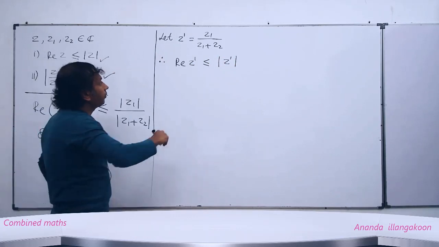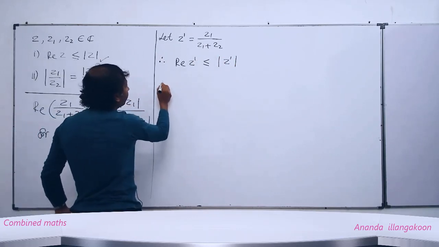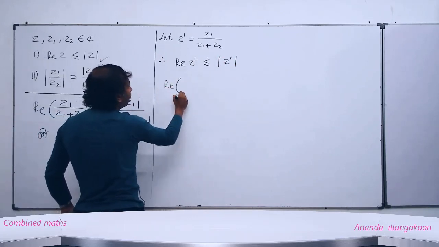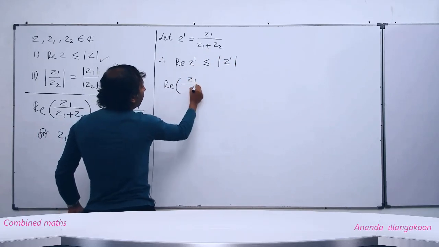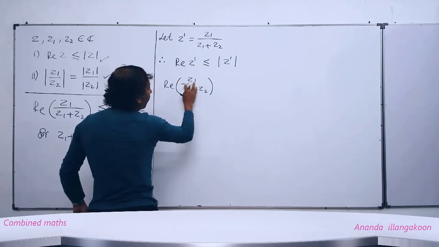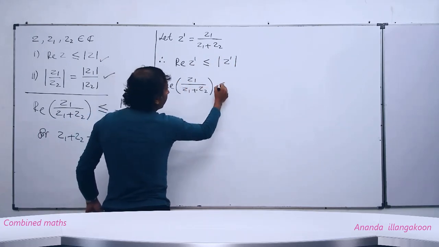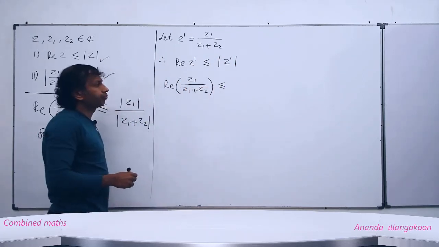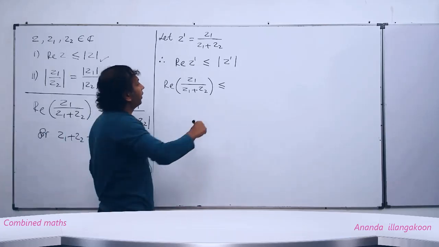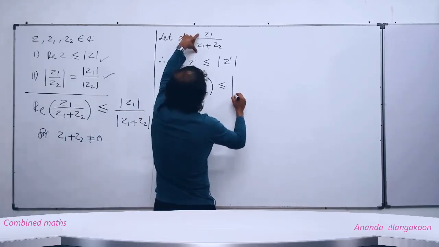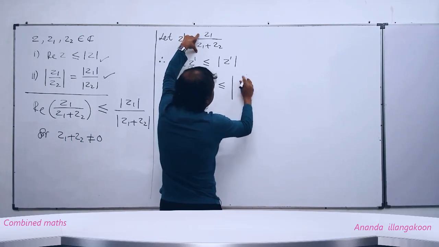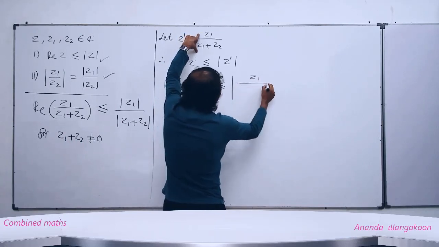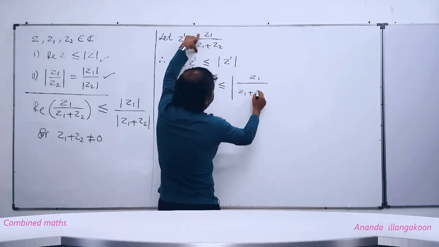So then Z dash is this. Real part of Z1 divided by Z1 plus Z2 is less than or equal to modulus of Z dash here. This way.